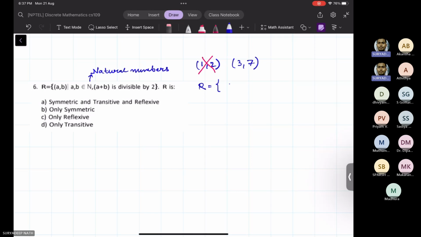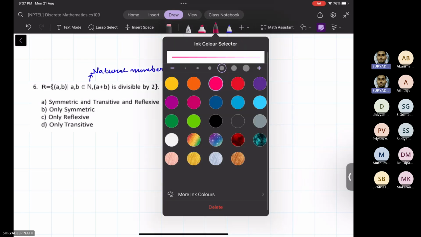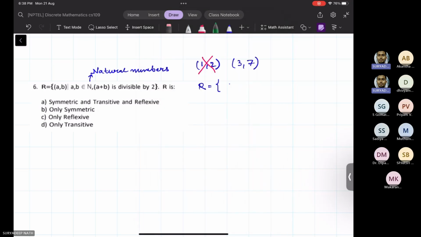Does 3 and 7 belong to R? Yes, because 3 plus 7 is 10, and therefore it belongs to R. So R contains things like 1, 1, 2, 4, and so on. These elements belong in R.